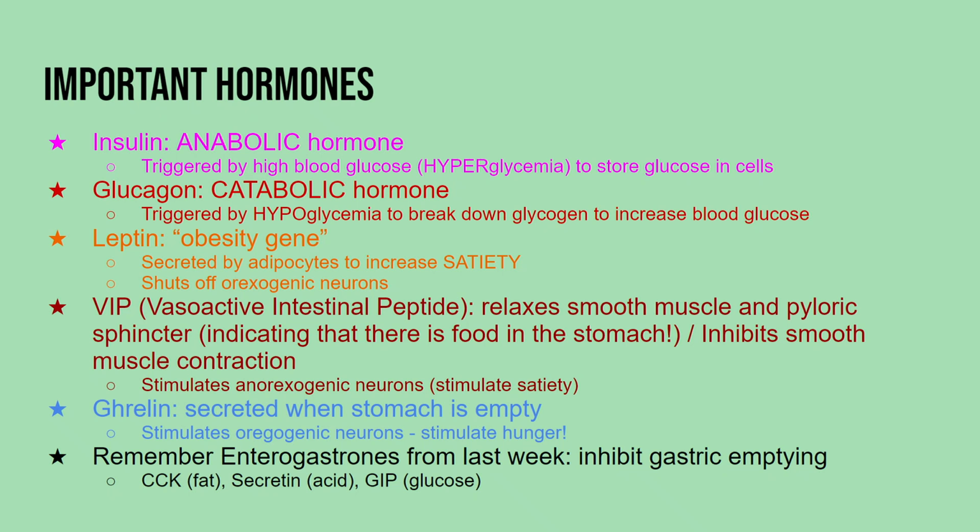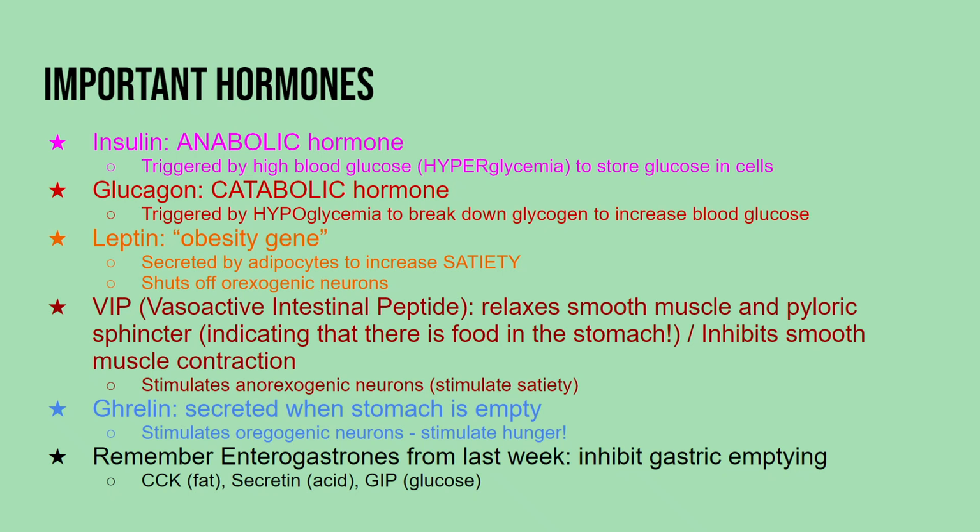VIP is vasoactive intestinal peptide, and this one relaxes smooth muscle and the pyloric sphincter, indicating that there's food in the stomach. So if we're relaxing smooth muscle, it kind of just tells you that the stomach is full, which stimulates satiety.